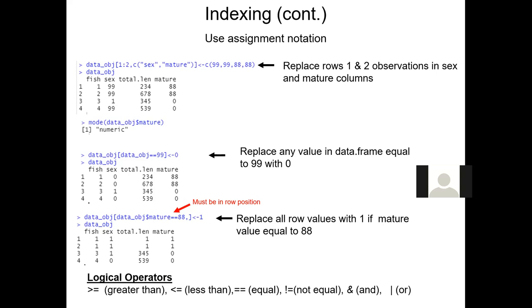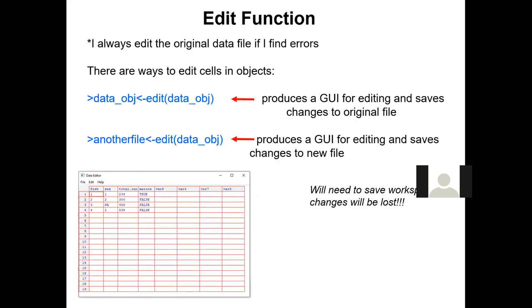Okay, so that's a way of using the assignment notations. Those are important, so you have to learn these when you program. There's also a way of editing data within the objects, and there is a function called edit that you can use. In this example, I have data object assigned to edit data object.